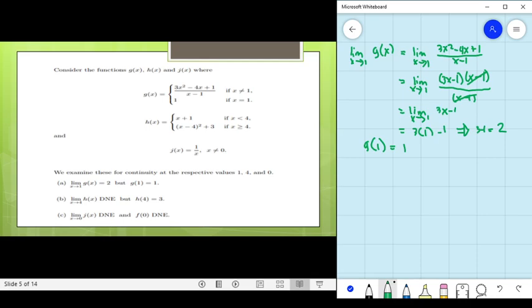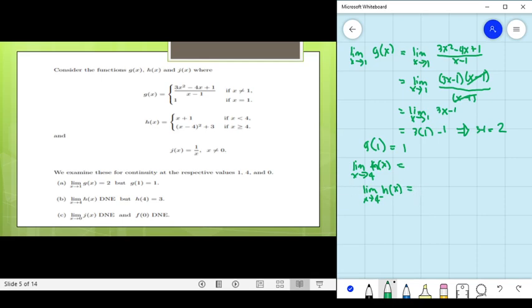For the second one, we have h of x is the same as x plus 1 if x is less than 4, and quantity x minus 4 squared plus 3 if x is greater than or equal to 4. Investigating the limit of h of x as x approaches 4, we are going to find first the limit of h of x as x approaches 4 from the left.